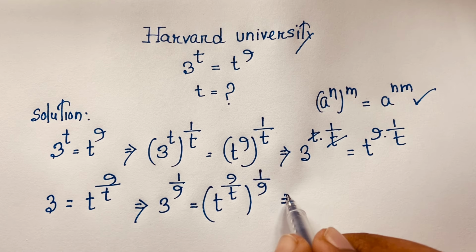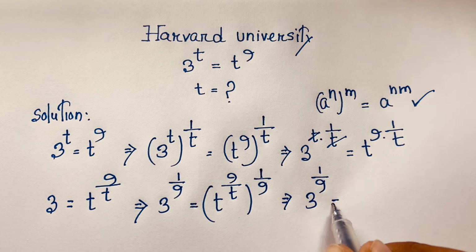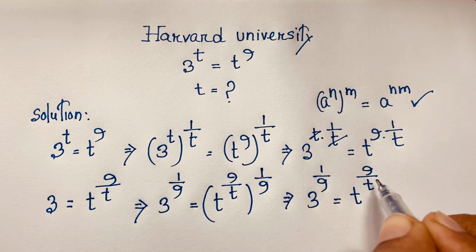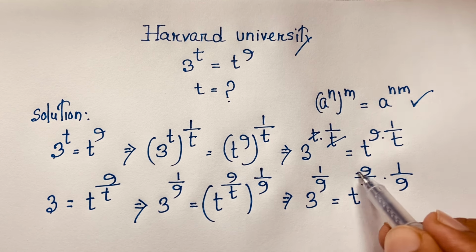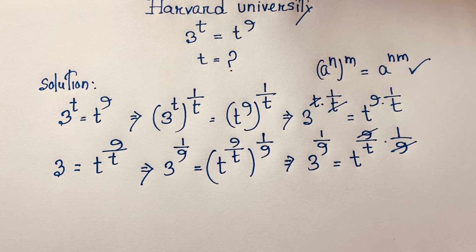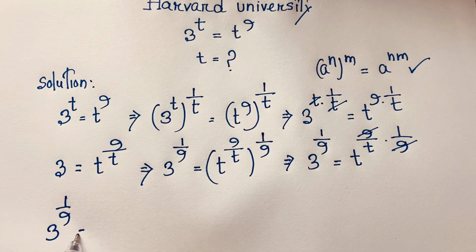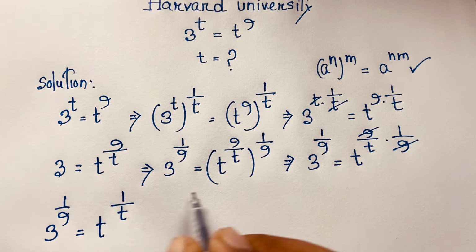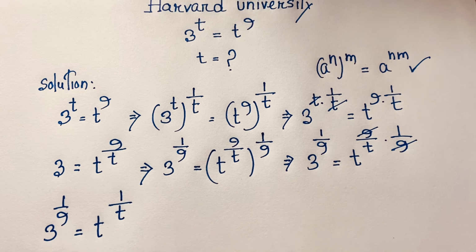Then this is 3 to the power 1 over 9 is equal to t to the power 9 over t times 1 over 9. Now you can see that this 9 is cancelled out. We'll find that it will be 3 to the power 1 over 9 is equal to t to the power 1 over t. This is 1 times 1, this is 1, t times 1, this is t.